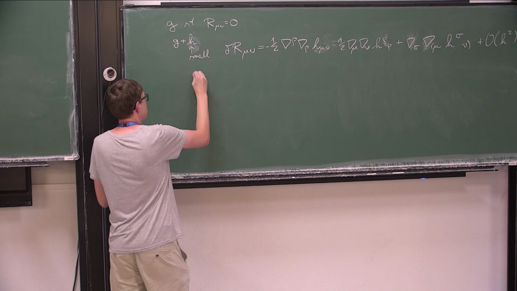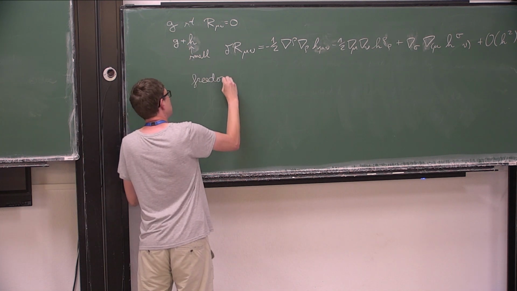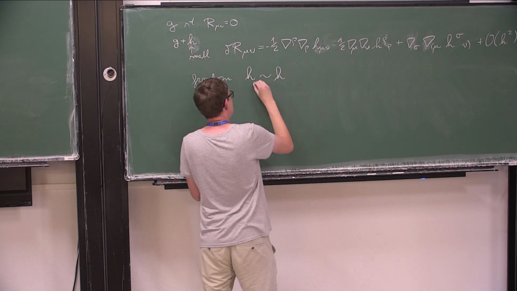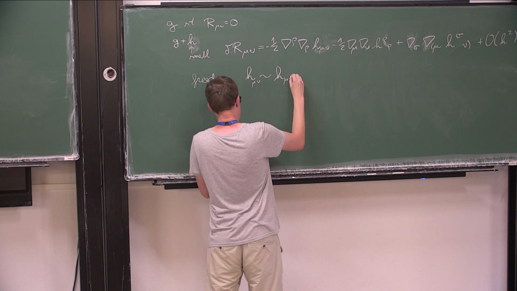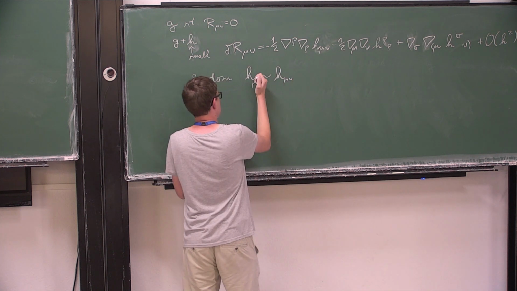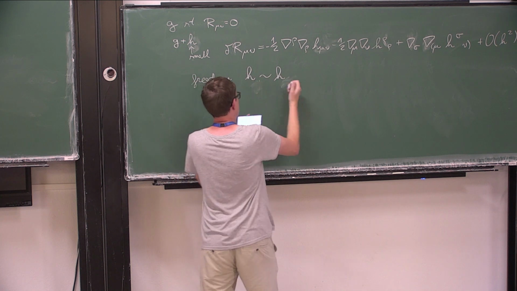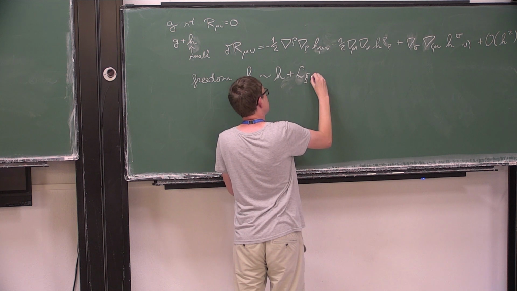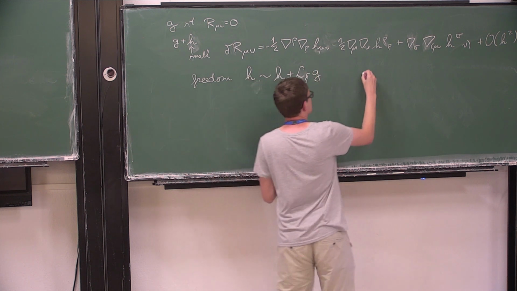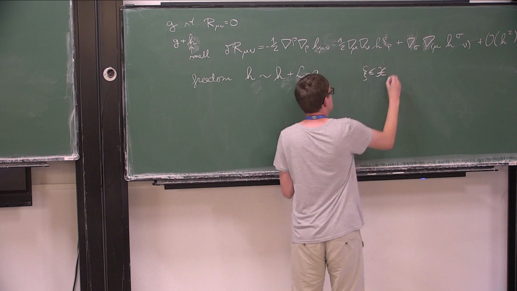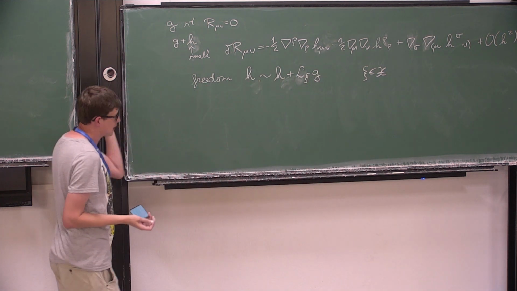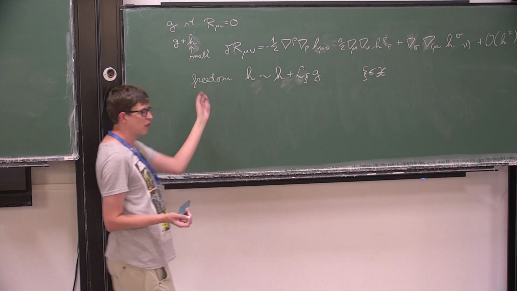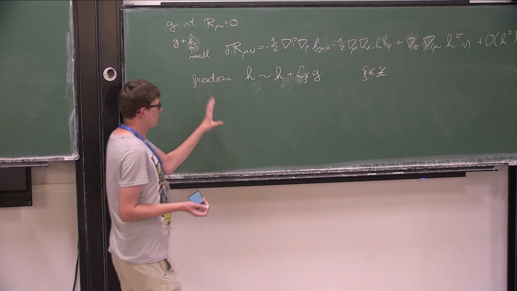So there is a freedom that allows you to identify h with h plus this thing, for some vector field that generates your diffeomorphism. So there is in fact some physical equivalence. You should really see this perturbation to be the same as this one because they just refer to different choices of coordinates.